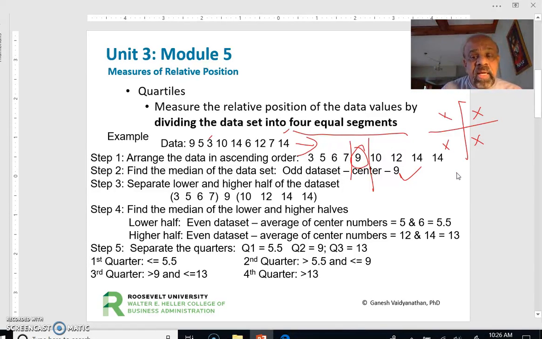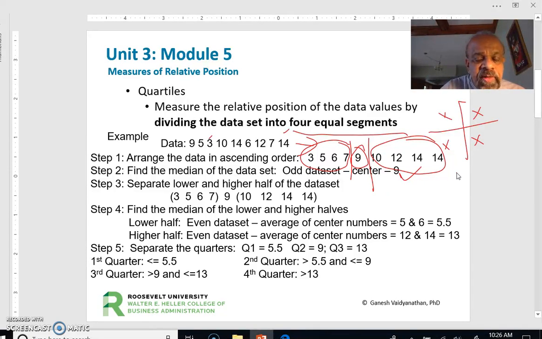Step 3 basically is I'm going to take this as the lower segment and this as my higher segment. Now I'm going to find the medians of these. My 3, 5, 6, 7 is my lower segment.